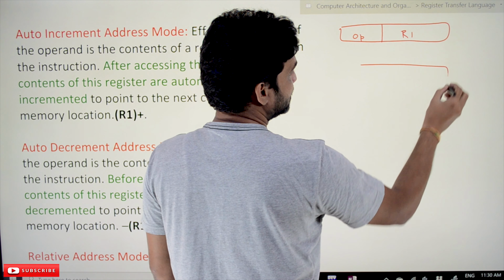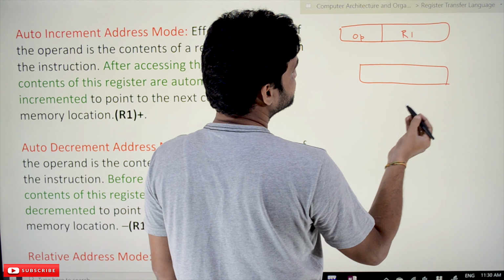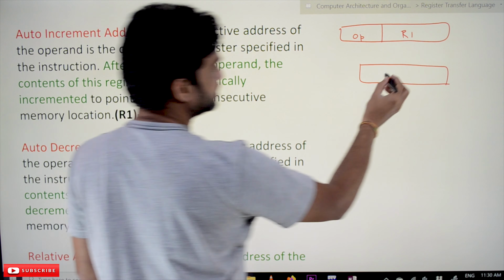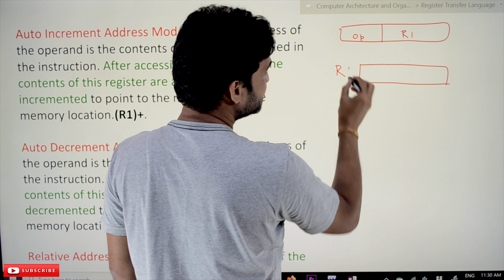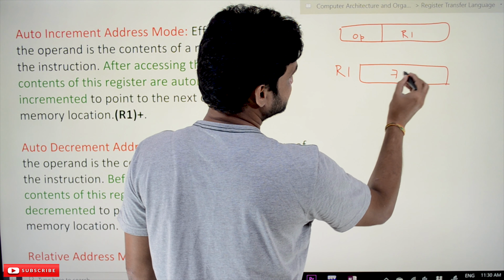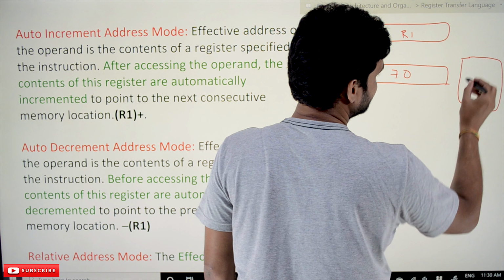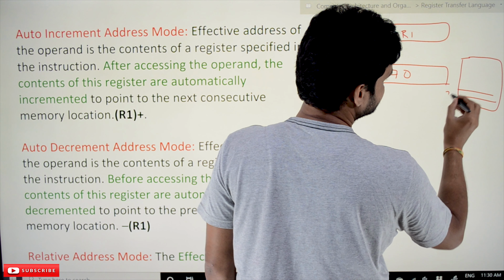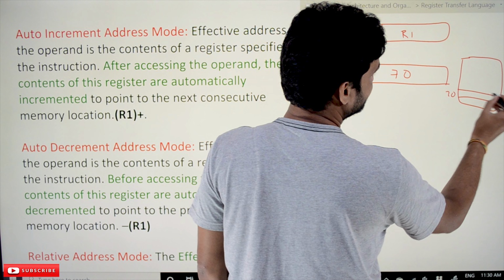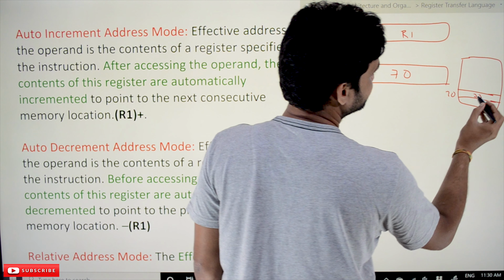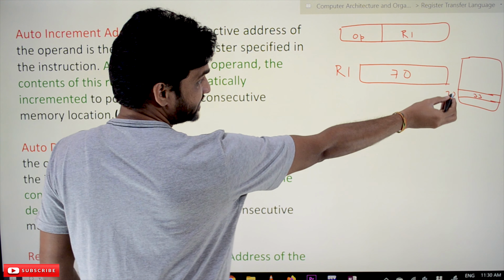The effective address of the operand is present in the register. For example, if it is 70, in the memory at the location 70, we are going to have the operand. For example, if the operand is 33, this operand 33 is present in the location 70.